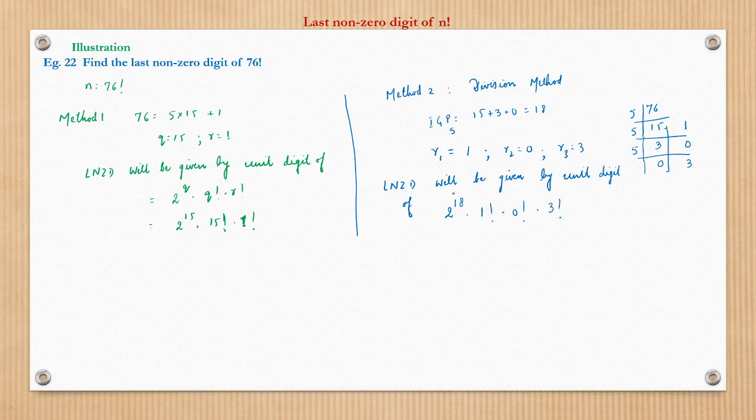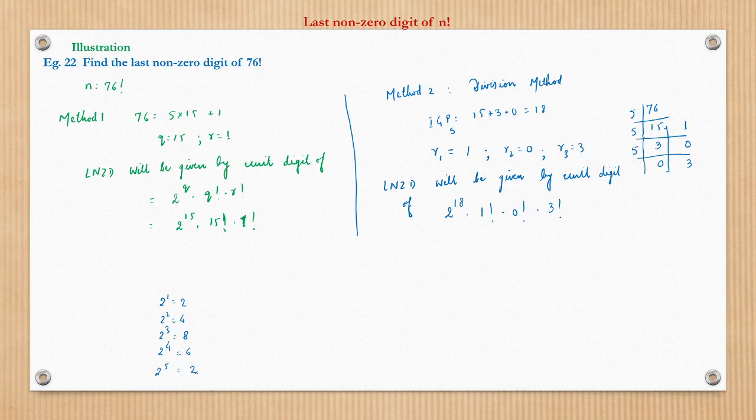Now see, 2 raised to power 18, what will be the unit digit? This we already have discussed in the chapters on remainder, that the unit digit of any number also forms a cyclicity or pattern, just like the remainder. So if we see for the case of 2, 2 raised to power 1 is 2, 2 raised to power 2 is 4, 2 raised to power 3 is 8, 2 raised to power 4 is 16, where 6 we will take, 2 raised to power 5 is again 32.